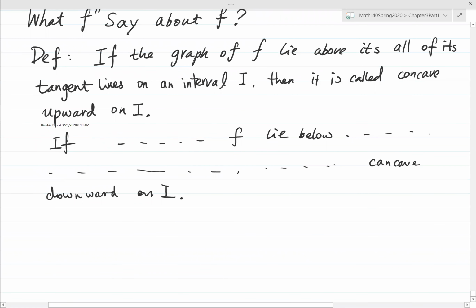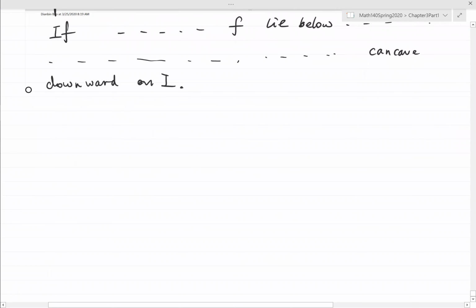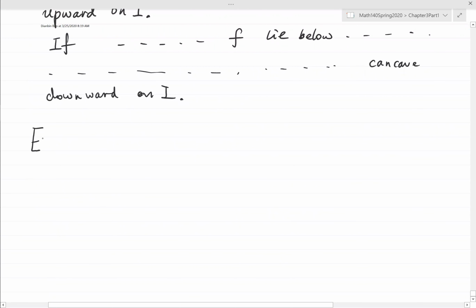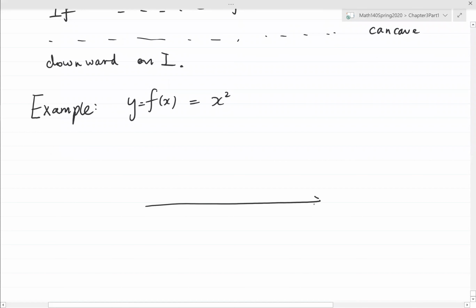Now, for example, y equals f(x) to be x squared. Now you see, if we plot the graph, if you plot the tangent line, the graph actually lies above its tangent line.